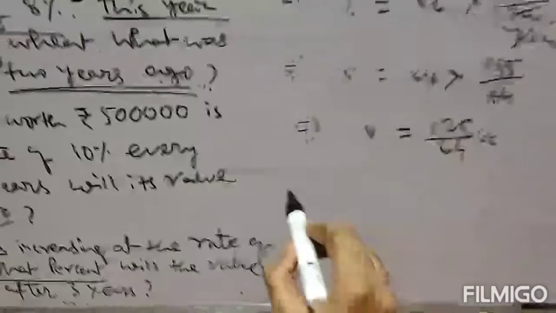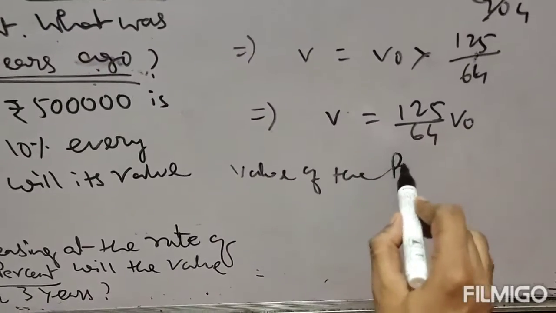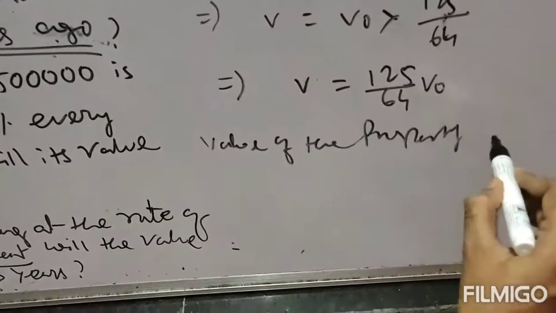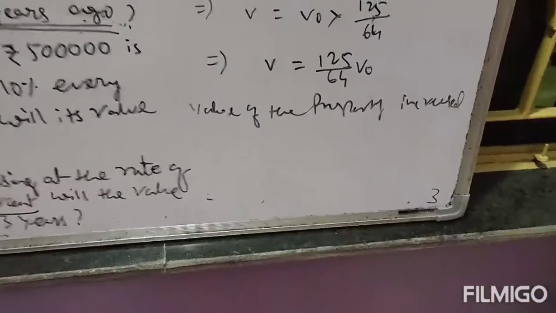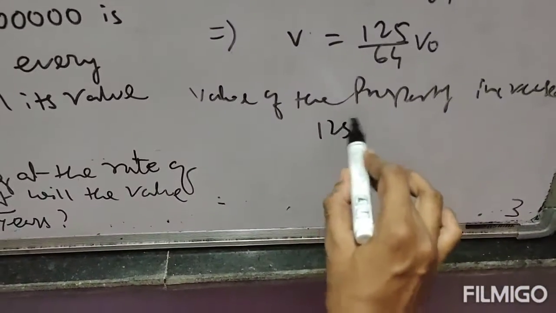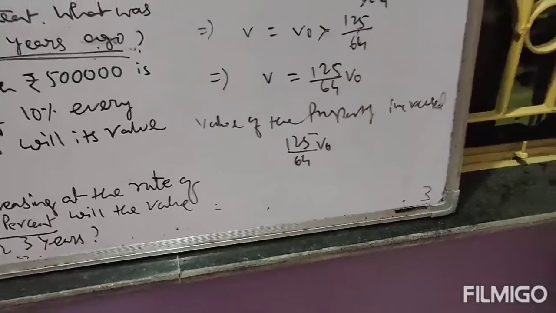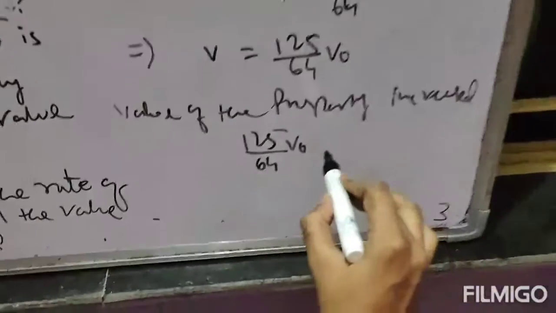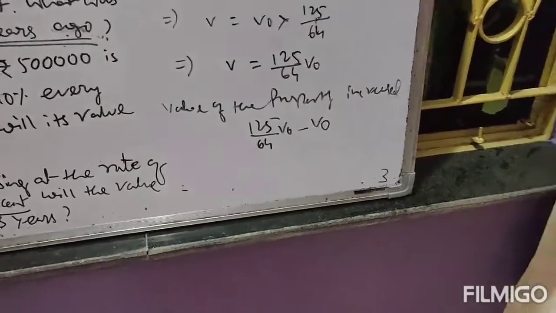Clear? So the value of the property increased equals 125 by 64 V0, this is the value of the property after 3 years, minus V0, this is the present value of the property. Clear?